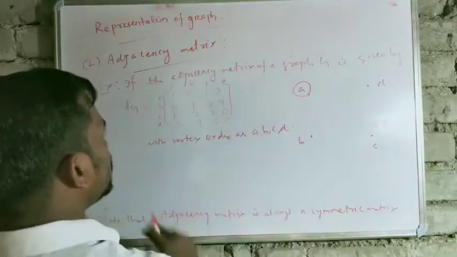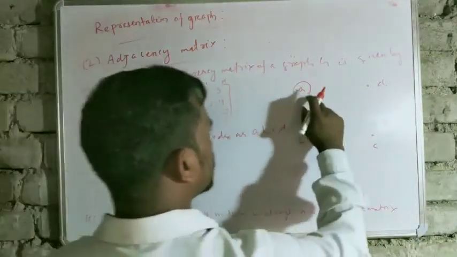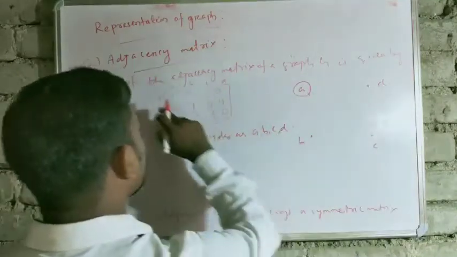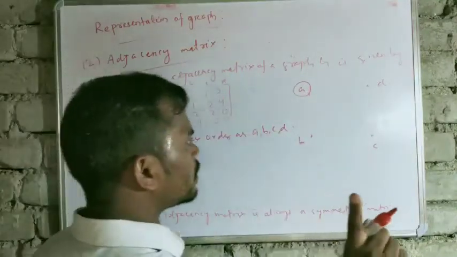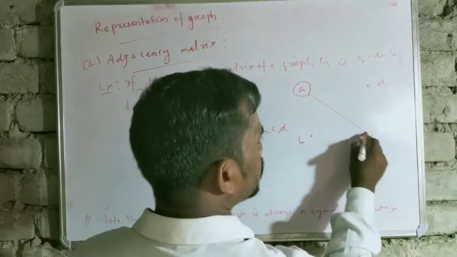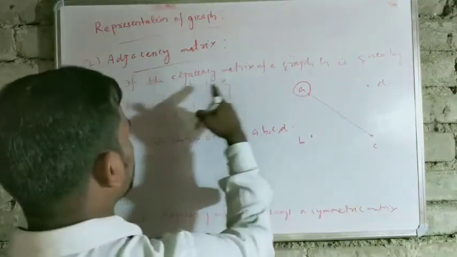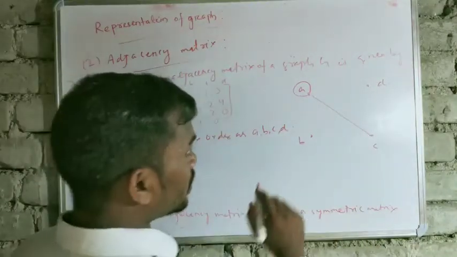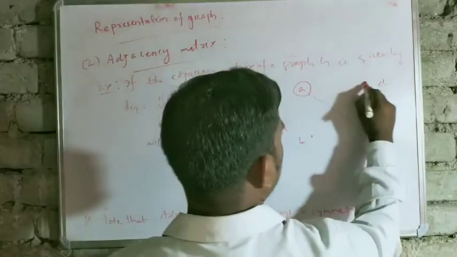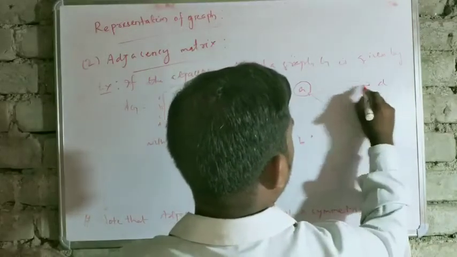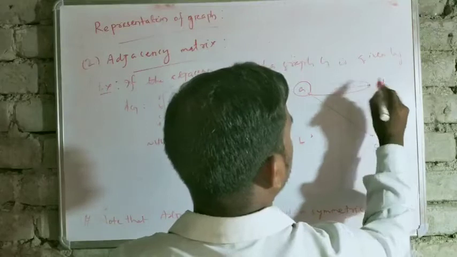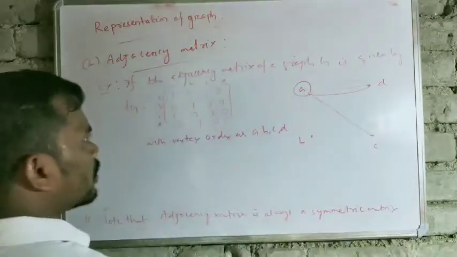And A to B, 0. That means no edge connects A to B. And A to C, 1 edge. And A to D, 3 edges are there. Okay, first row is complete.